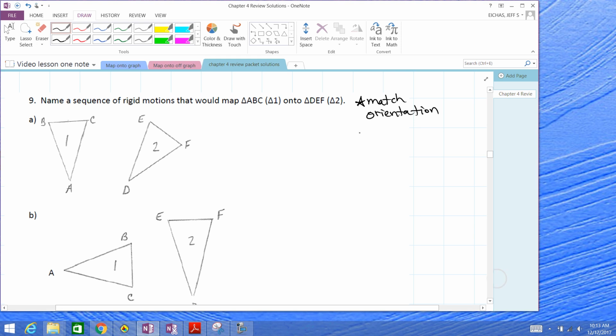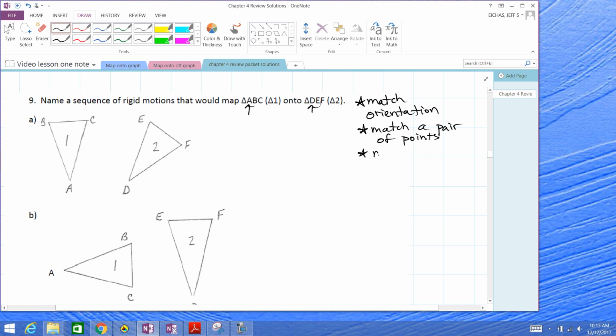After that, we have to match a pair of points that are supposed to be matched. So in this case, you have to map A to D. Now, the third move is going to be, without losing the first match, get another one.